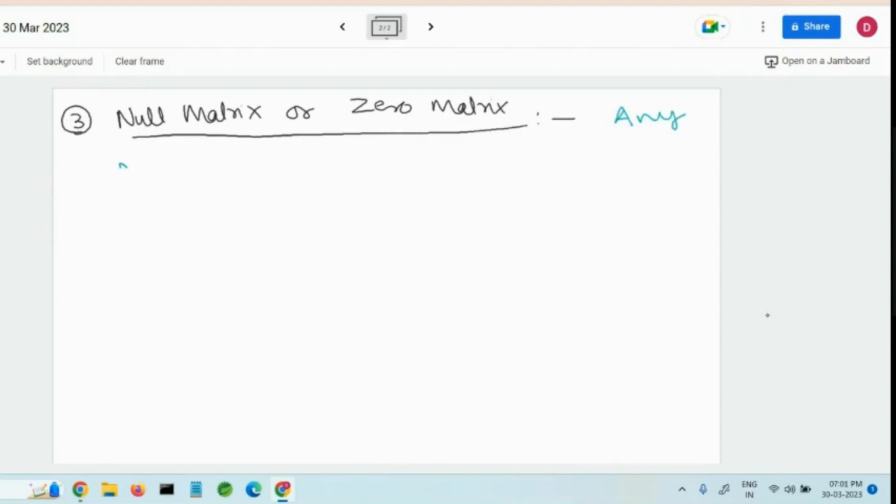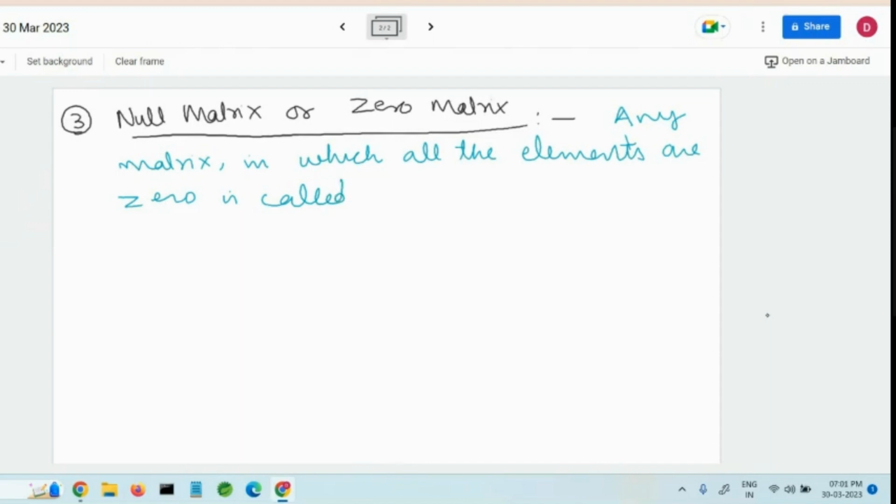Any matrix in which all the elements are zero is called a zero matrix or null matrix.